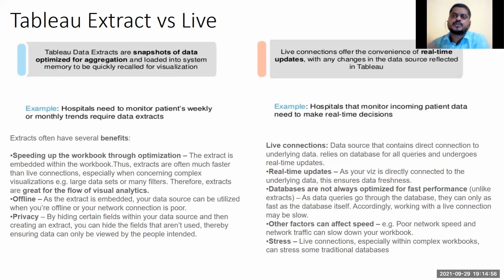A central monitor will be placed where each person's information, ECG, their oxygen level, all those will be plotted there, right? So in that case, you might have to use a live connection, right? Wherever those devices are linked, they will be sending that information to a single database, and from that database, you will be extracting data and working on that, right?